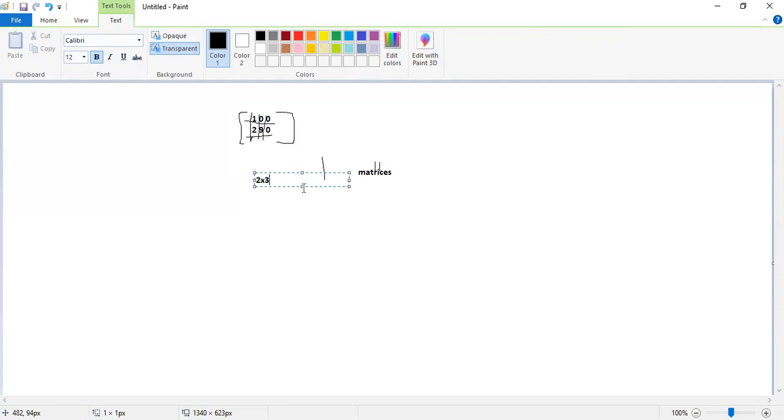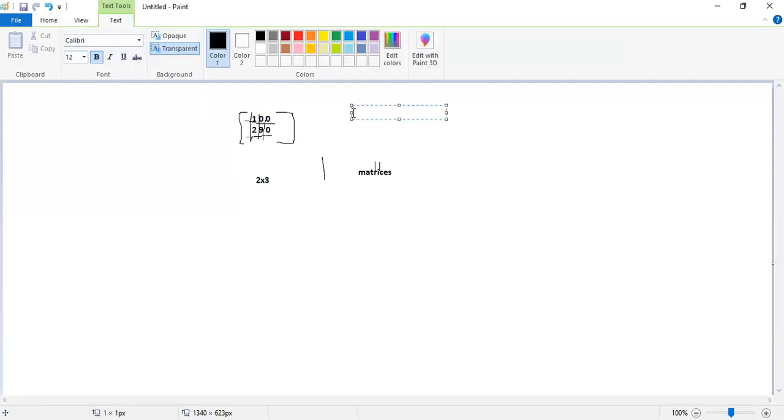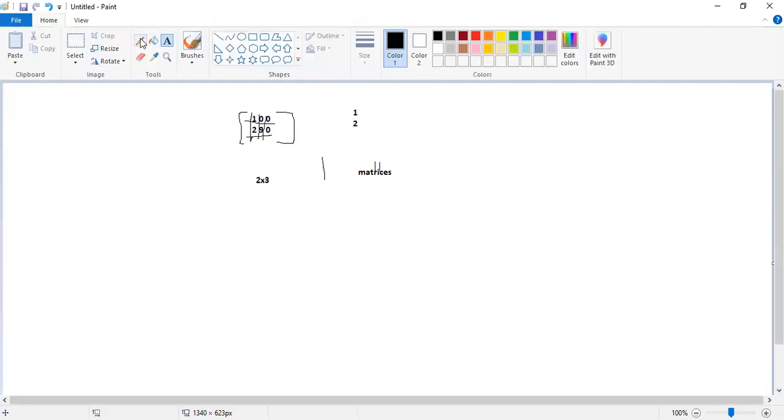Then after understanding this, we have different ways of writing a matrix. You can have a 2 by 1 matrix like this. Let's say 1, 2. This can also be a matrix because it contains numbers in an array form.